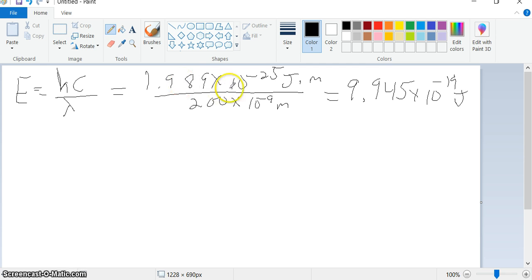So you're dividing this number by 200 times 10 to the minus 9th, and then of course the meters cancel, which is what we want. You get this number, 9.945 times 10 to the minus 19th joules. But remember, the problem asks us to do this in nanometers, which I already did. I just wanted to show you this will give us the same answer.